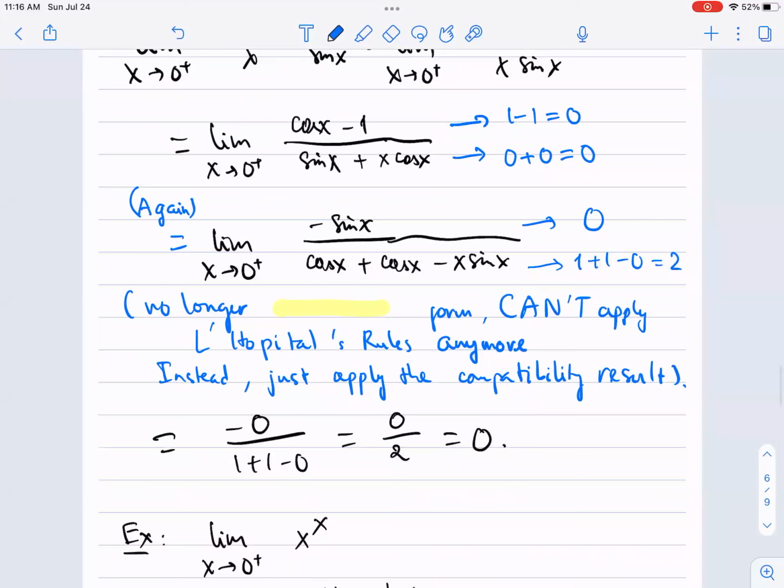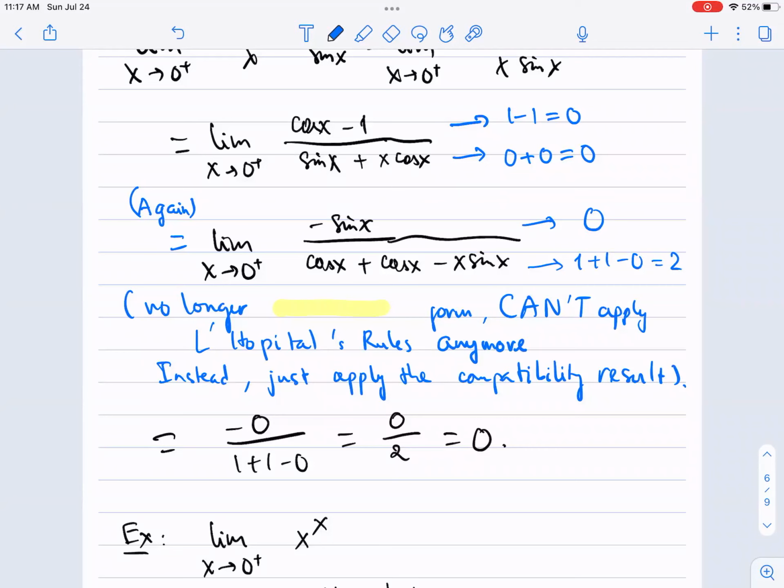And when we apply the L'Hopital rule again, the numerator becomes minus sin x. The denominator becomes cos x plus cos x minus x sin x. The numerator here approaching 0. The denominator, luckily, approaching 1 plus 1 minus 0, which equals 2.